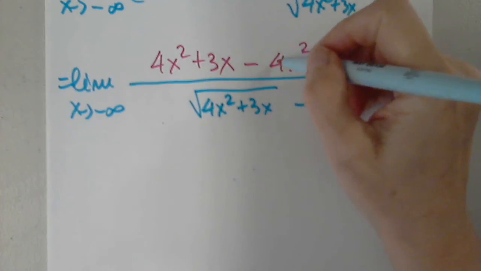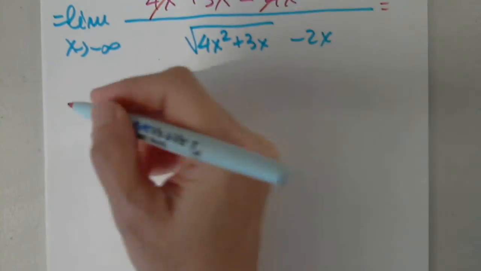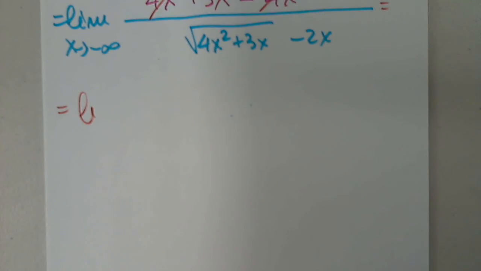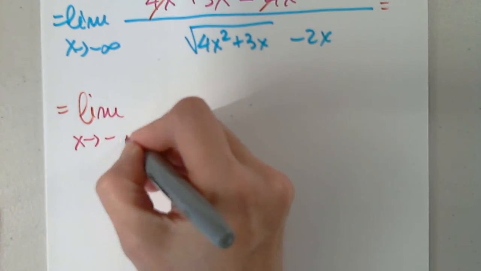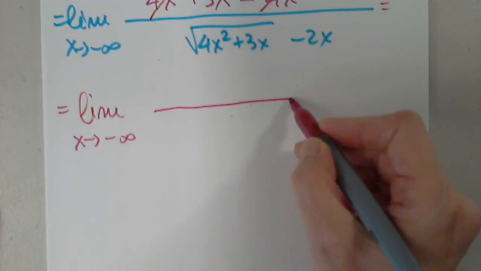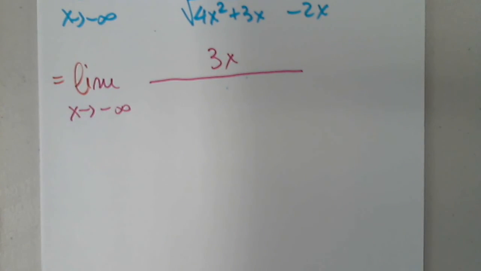Great job. Yes, these two go away. The numerator, oops. Do not drop the limit operator, please. The numerator has nothing to work on.